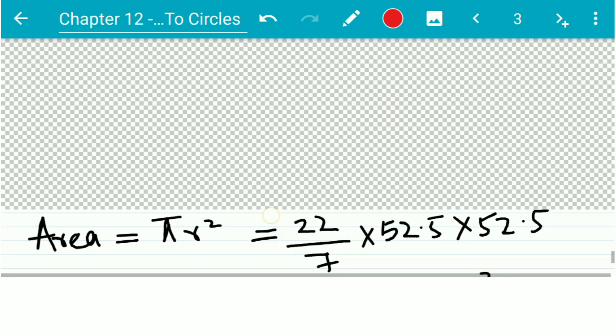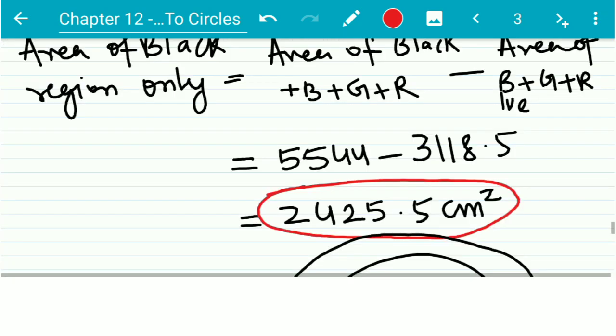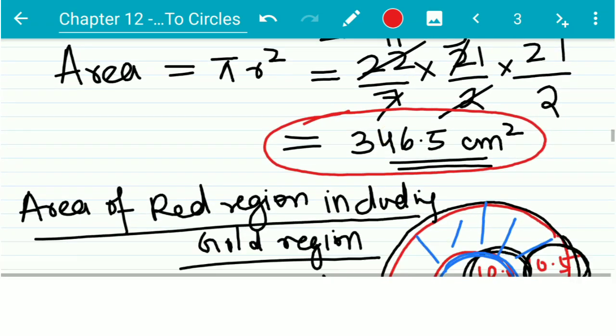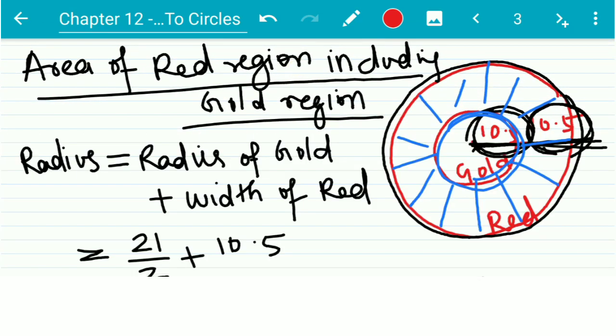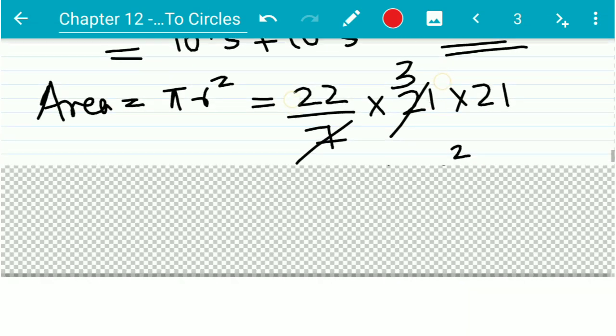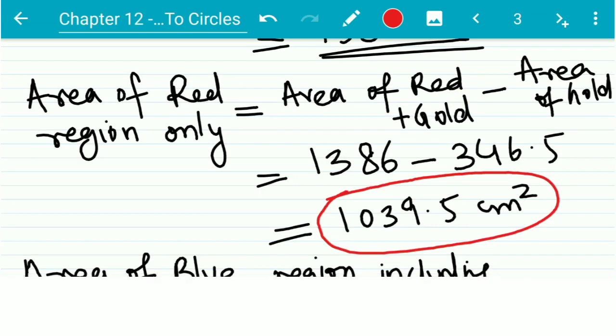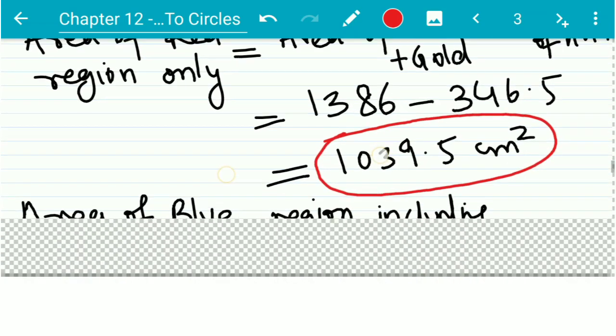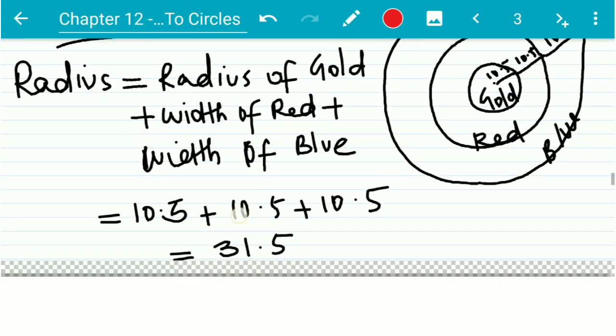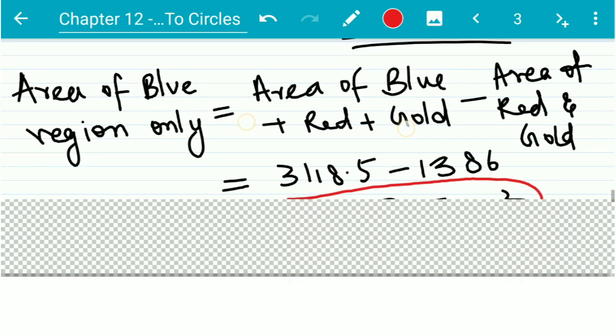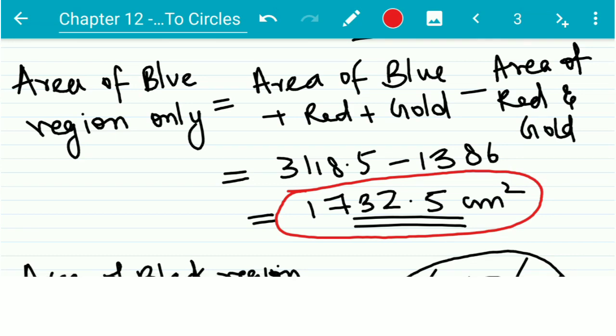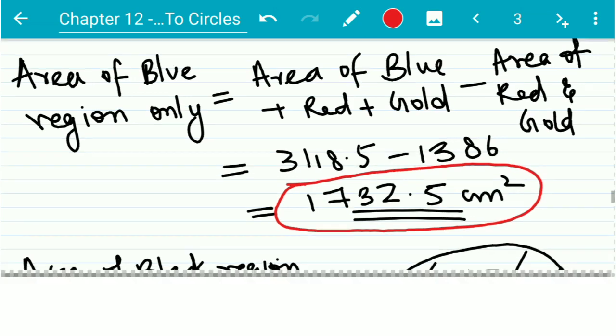So we can see, from the first, area of the gold region we got as 346.5. After that, area of the red region we got as 1039.5. Then area of blue region is 1732.5 centimeter square.